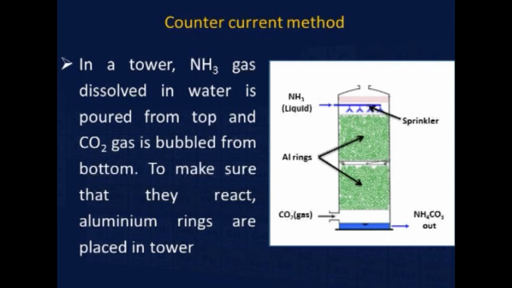In this tower, CO2 gas is going to go up and ammonia is going to come down, and we have given an aluminum surface here, so that the gas and the liquid interact with each other and then come down in the form of ammonium carbonate. This process is nothing but the counter current method, where the gases can get absorbed effectively in a liquid. Now, we can manufacture ammonium sulphate.